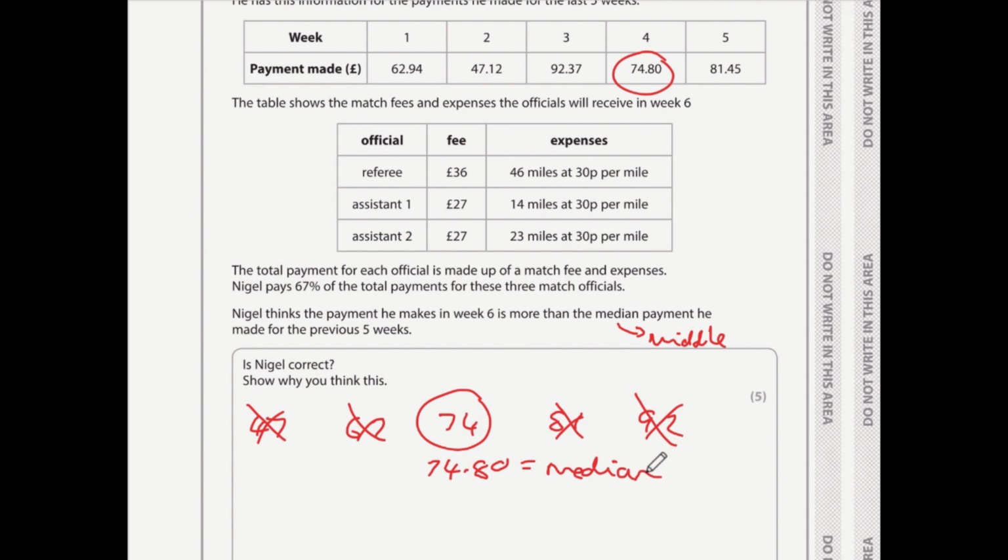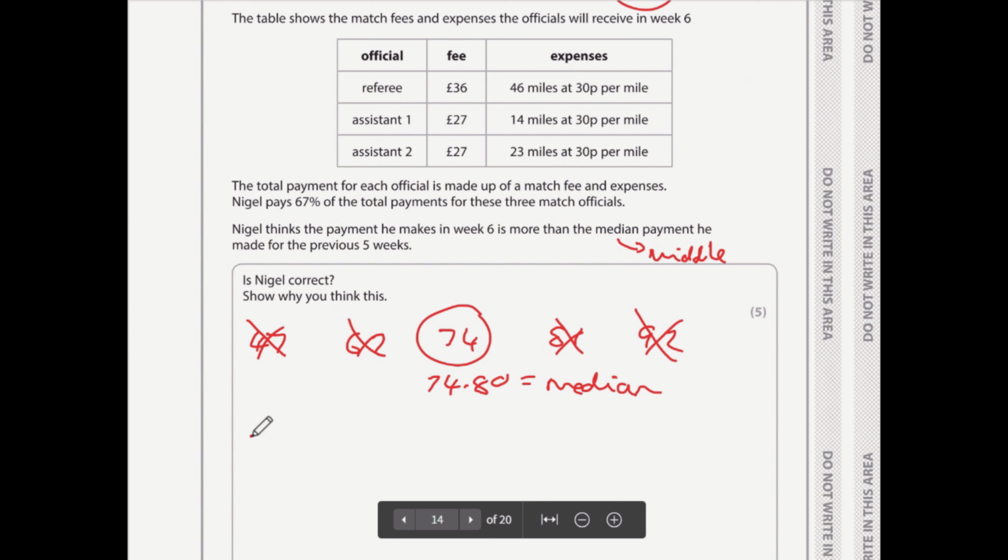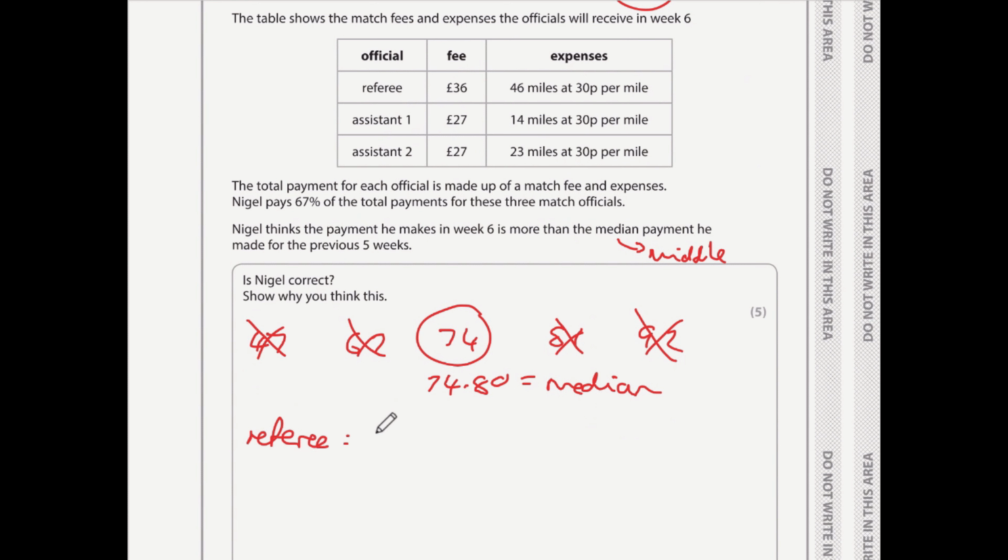Okay, so what we need to do now is work out how much he pays the referee and his 2 assistants. So the referee is going to receive £36 plus 46 times 30 pence. So if this is in pounds, then I think it's a very good idea to put the 30p into pounds as well. So it's 46 times 0.30.